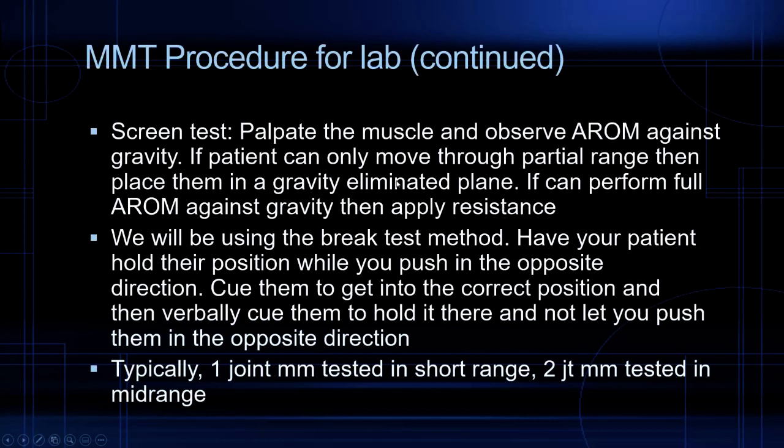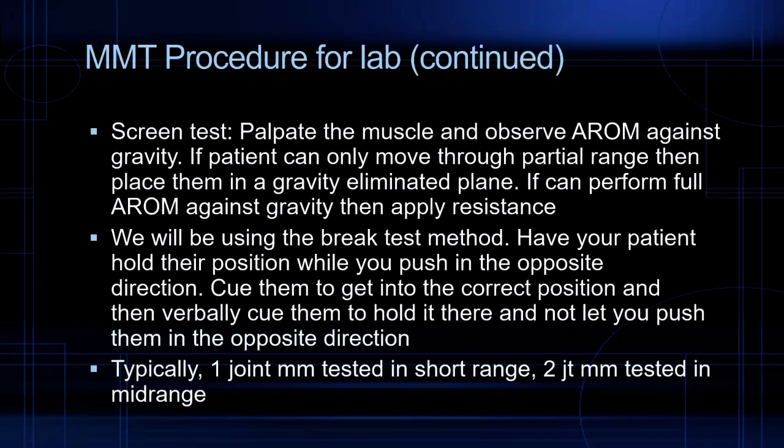If they can only move through the partial range, then you're going to place them in a gravity eliminated position. Again, that would be horizontal to the muscle, horizontal plane to the muscle.